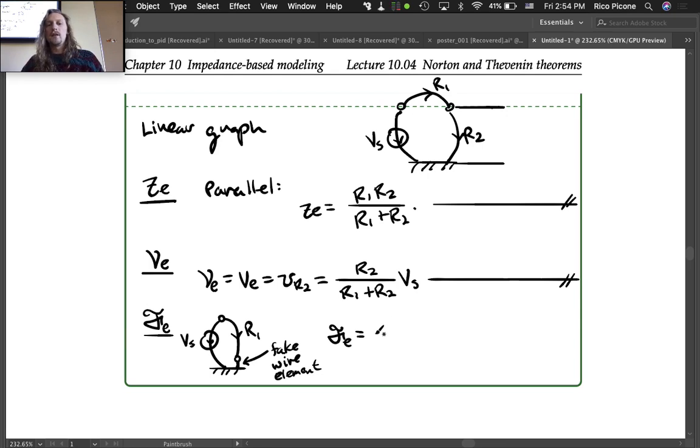So it's going to be equal to I sub R1, where IR1 is the current going through R1. And if you want to know what the current is going through R1, you look at what the voltage is applied to it, which is Vs, and you divide it by the resistance R1, just from Ohm's law. And that is our equivalent through variable source.